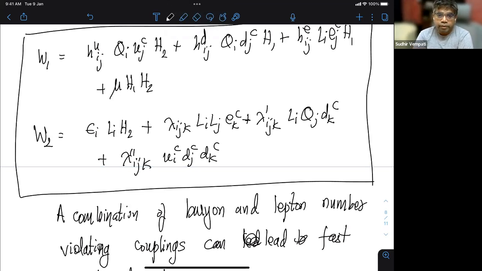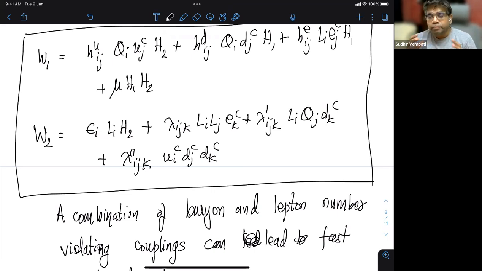They lead to fast proton decay. Proton decay is the only example I talked about because it is the strongest constraint one can have from experiments, but it leads to a host of phenomena, like R parity violating phenomena. So you want to somehow say that W2 has to be suppressed.